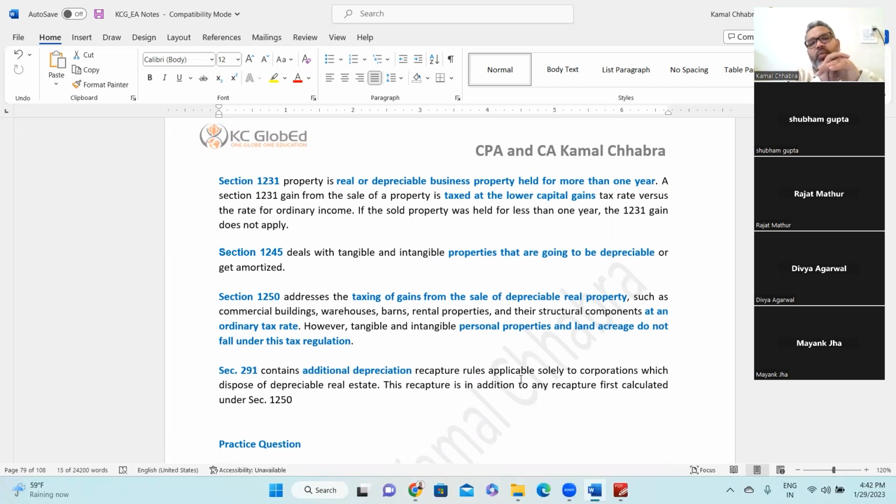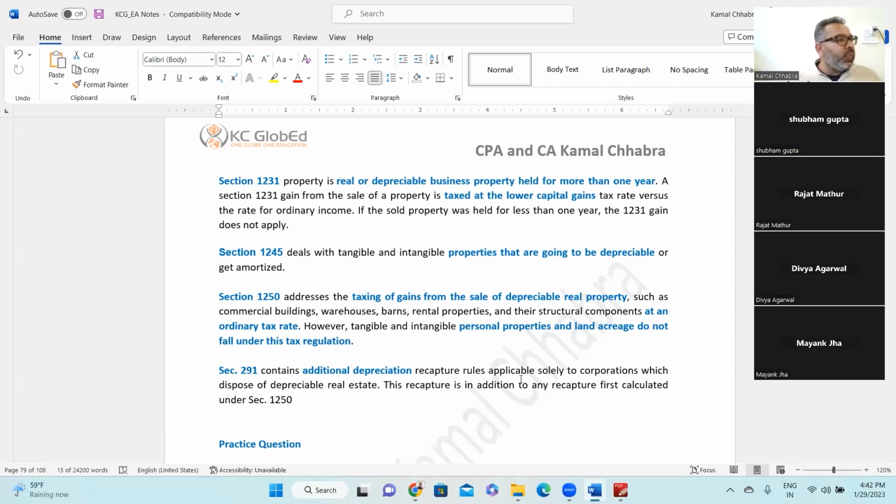Section 1231 says property that is real or depreciable business property held for more than 1 year by the taxpayer is called section 1231 property. What is section 1231 property? The property held by the individual taxpayer for more than a year, that may be real property or depreciable property, if I simplify.